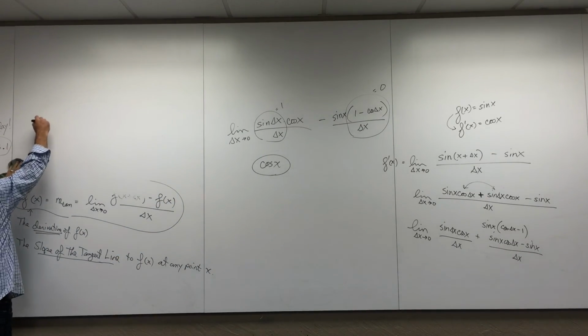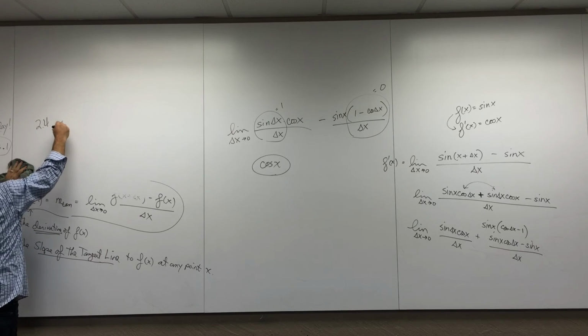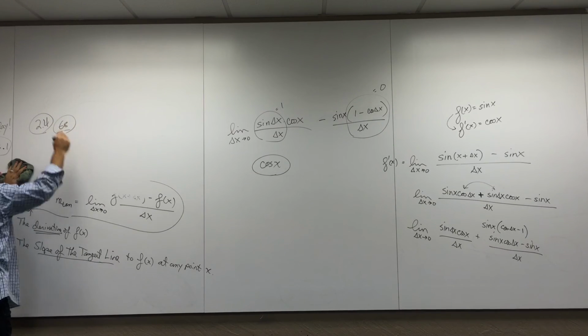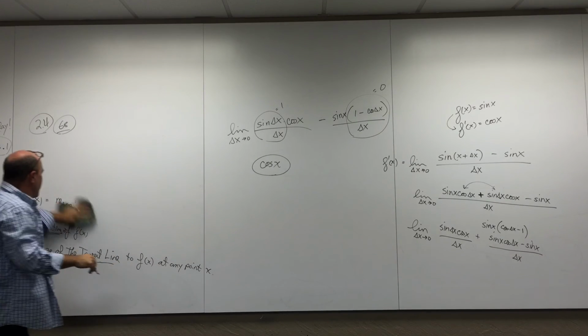I got one. In 2.4, there's this number 68. It looks a little weird. It's a function.